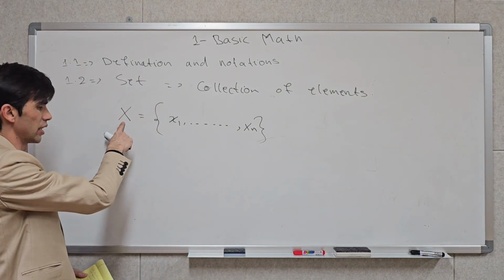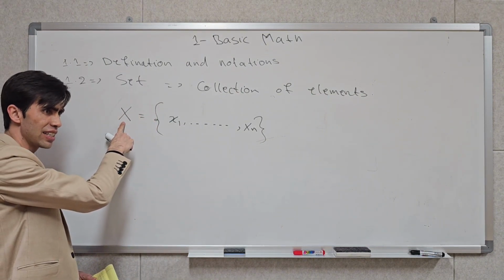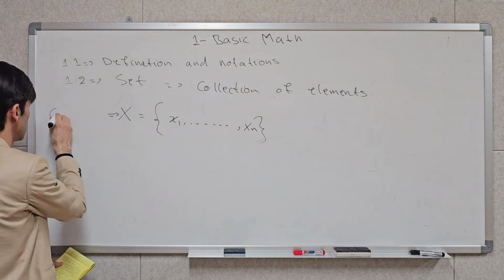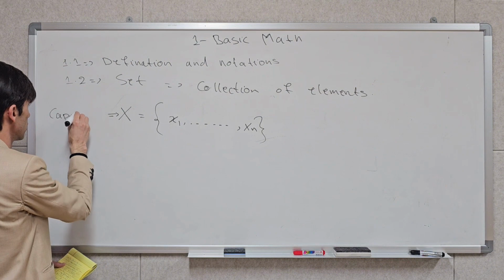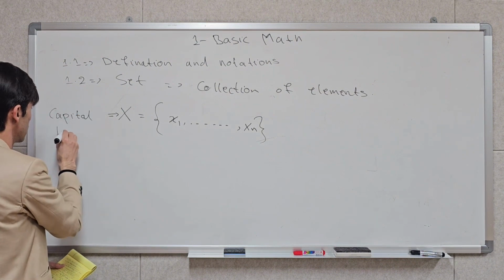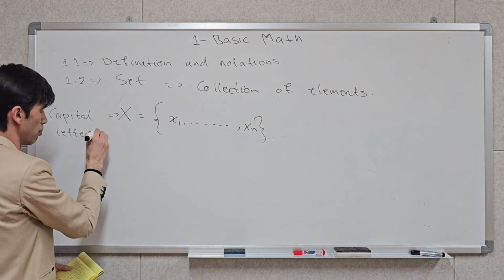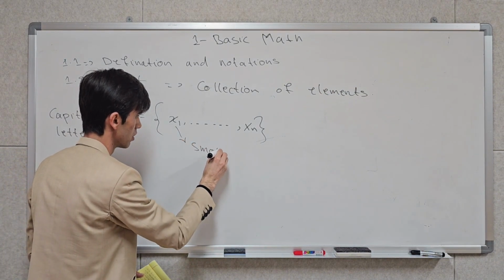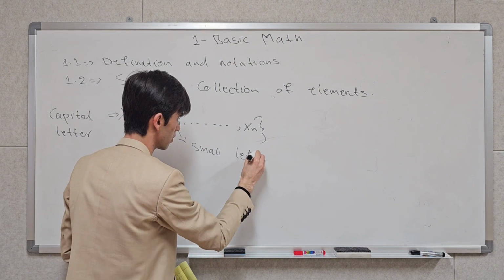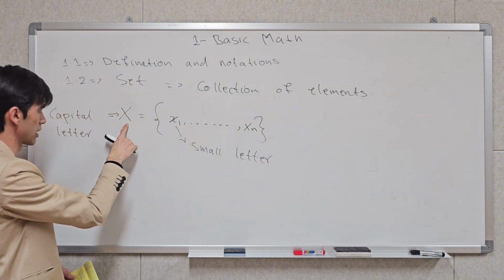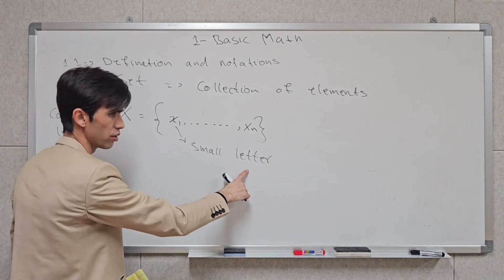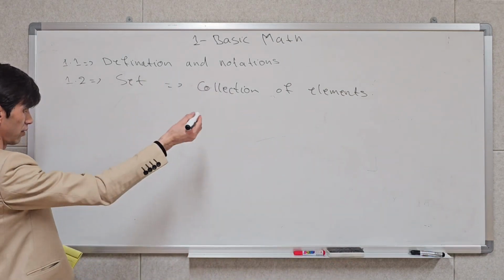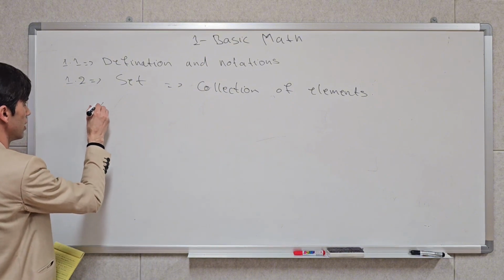We can use S, P, T, Q, but mostly we use a capital letter for the name of the set, and for the elements, we use small letters, x1 up to xn.